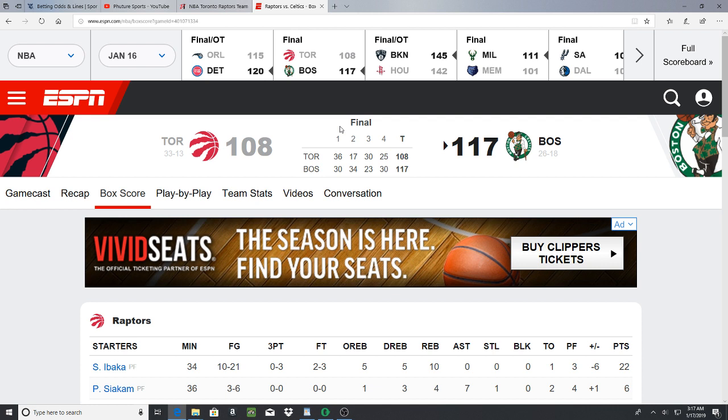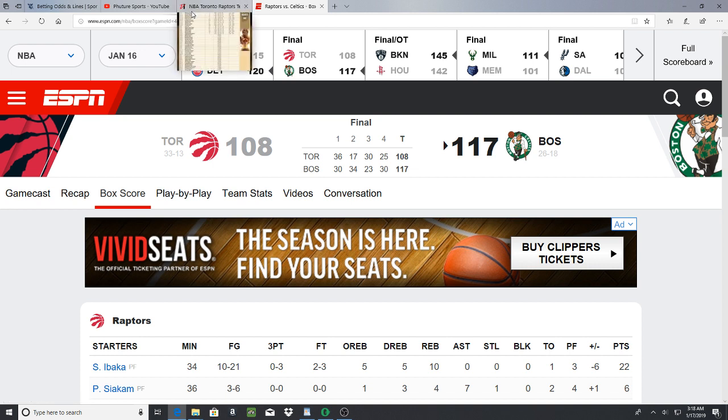Okay, so Boston basically took control of this game going into the 4th quarter. They were up the whole game. Toronto, with the game being on ESPN, they did take a 4-point lead going late in the 4th quarter, but then Boston closed out the game, you know, making some big shots and ended up closing out this game and covering this game, okay?